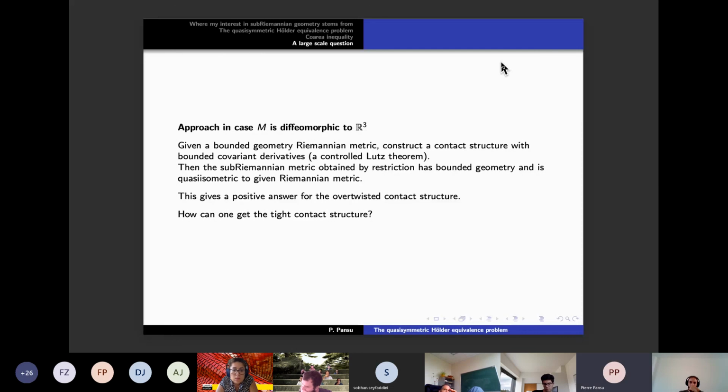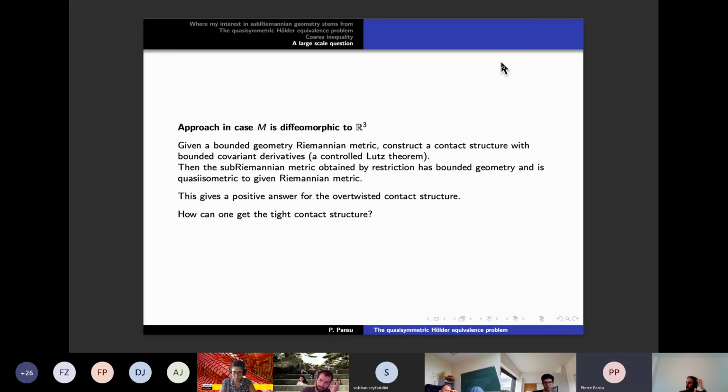And so I'm done, except to have shown that sub-Riemannian metrics adapted to the over-twisted contact structure on R3 achieve all possible quasi-isometry types. But what about the tight contact structure? I have no idea how to handle it.